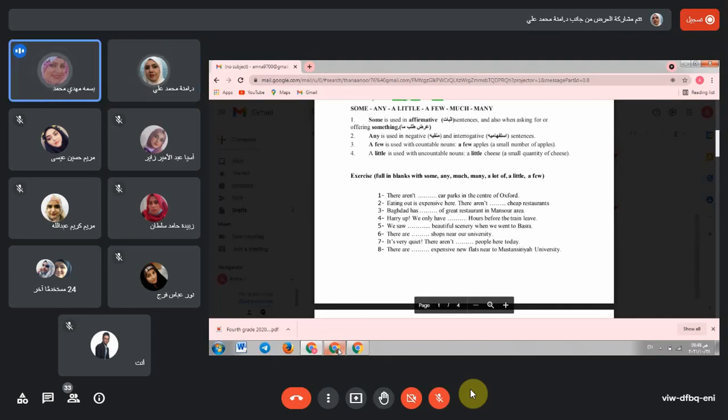So why don't you use a few expensive or maybe many expensive new flats near Mustansiriya University? دكتورة يعني هسه اثنين بالاختيار نقدر نخلي a few little. لا little ما نستخدمها لأن little أصلا هي وين a lot of الأول. A lot of expensive new flats near Mustansiriya University. It's right.